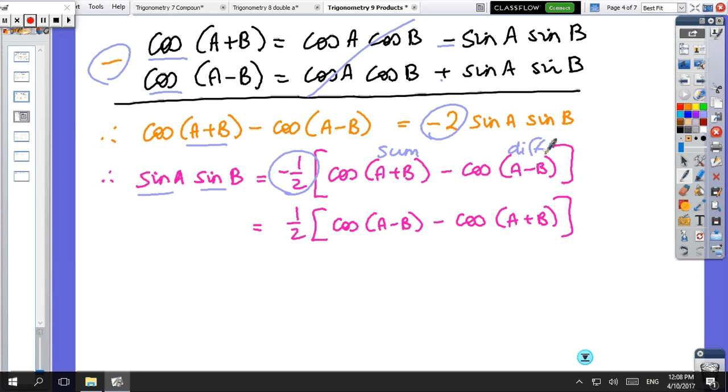The other thing I've done here is that answer's right, but if you wanted to, you could turn that into a plus and then just switch these two over. So now you've got the difference first, but you could leave it as the first one, and there's no problems. Okay, so copy that and come across.